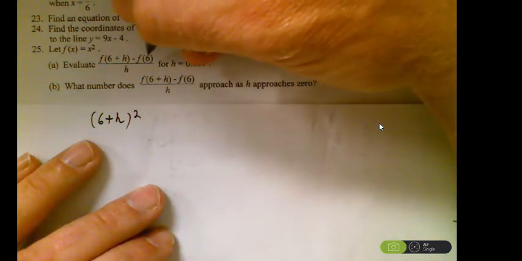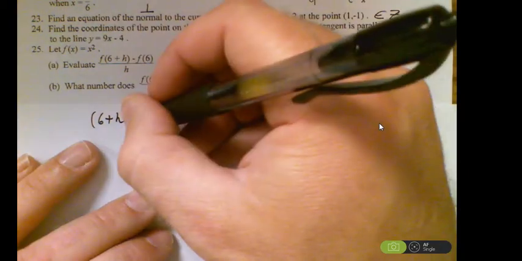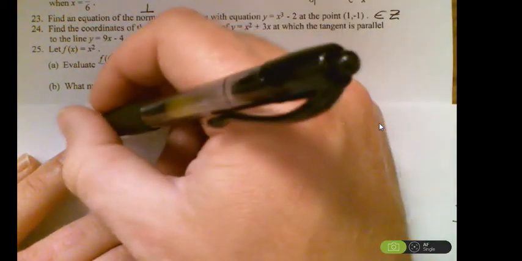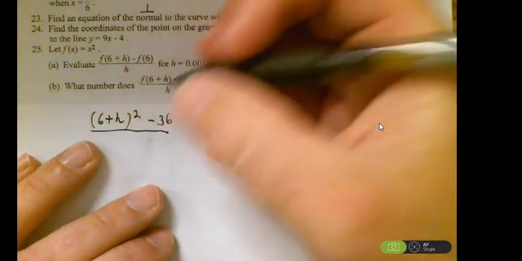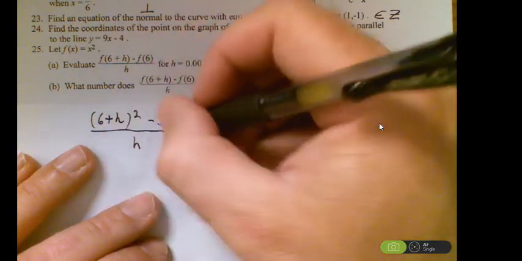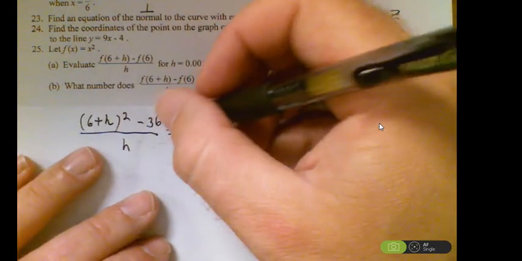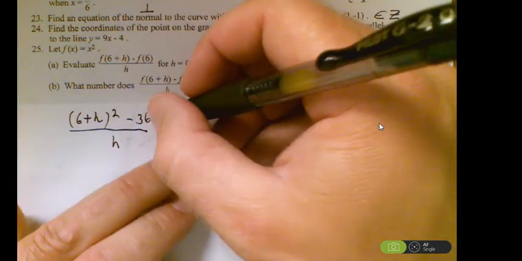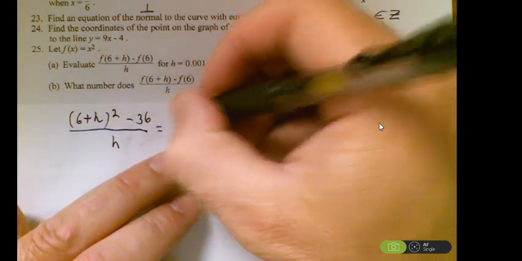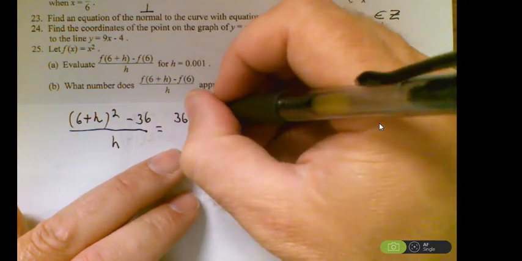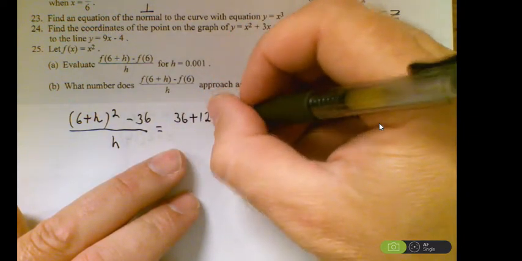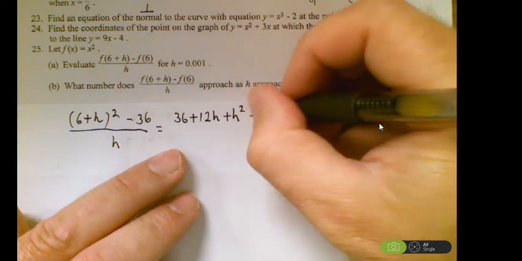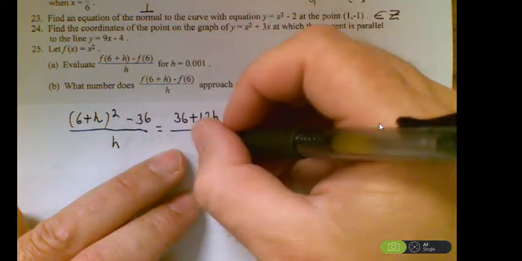So there's that, and then minus f of 6, so 6 squared is 36. And we're just keeping that over h. So if we did a little cleanup, you got some FOIL to do on that. So if we did that FOIL process, 36 plus 12h plus h squared minus 36 all over h.